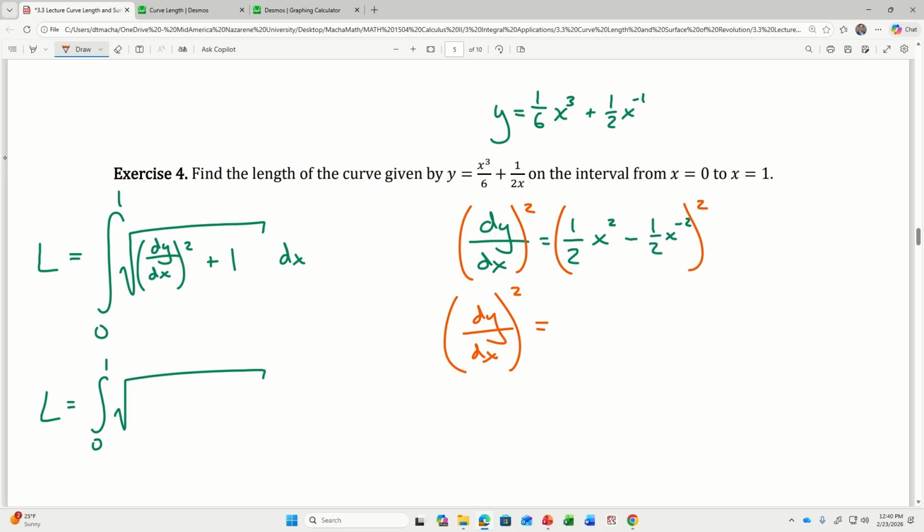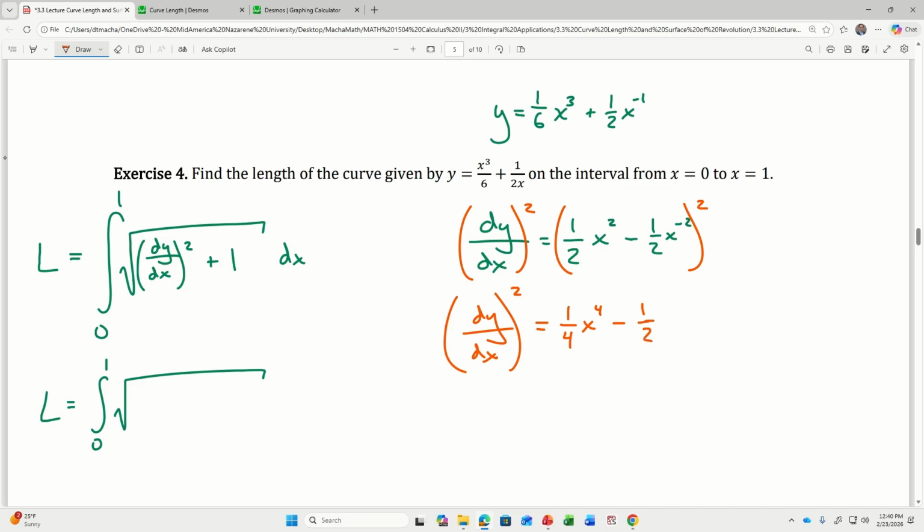The first term is going to be 1/4 x to the 4th. Outer and inner are the same thing, so I'm going to multiply by 2. And so 1/2 times 1/2 times 2 is just going to be 1/2. And then there's going to be a negative.